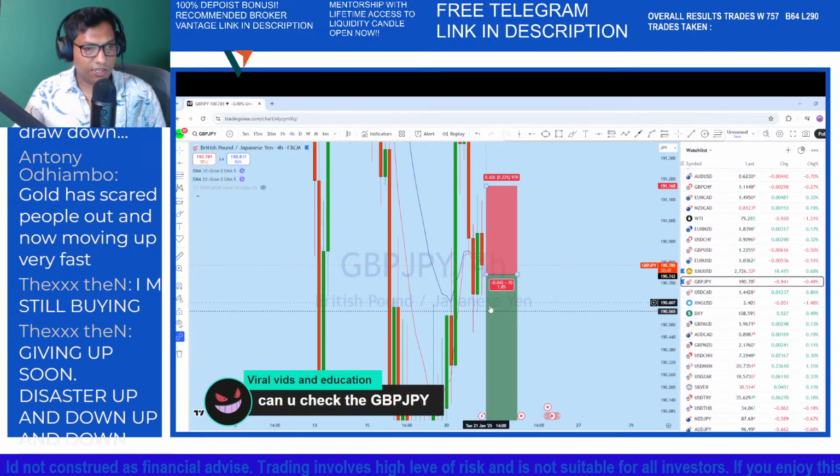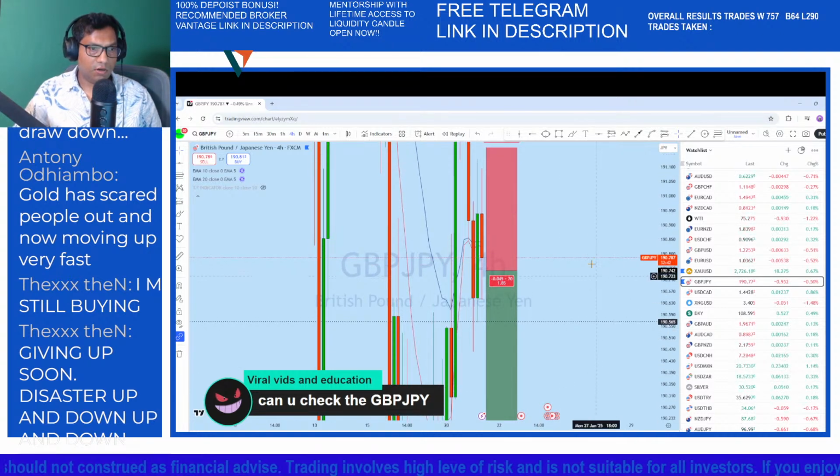Want to see it breaking in that direction to create a new lower low.